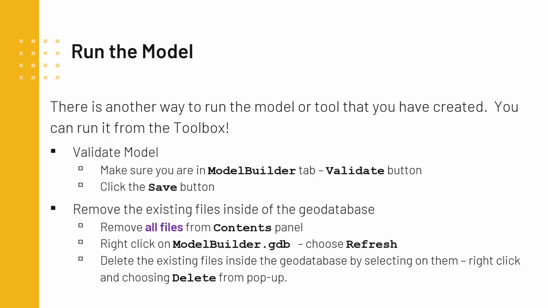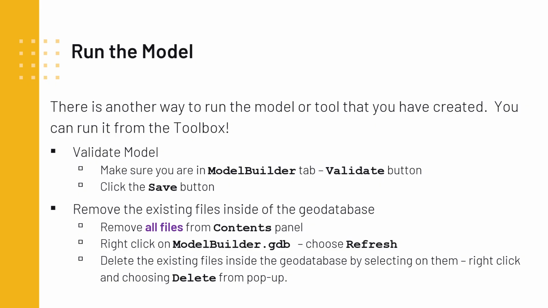What I'd like to do now is to remove all of the existing files inside of the geodatabase, as well as the Contents panel. Okay, so I'd like you to remove all of the files from the Contents panel on the left side, so you're going to select them and choose the Remove option. Okay, then I would like you to right-click on the Model Builder inside of the catalog pane, and I'd like you to choose the refresh option.